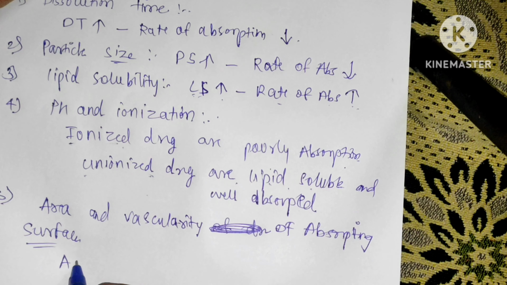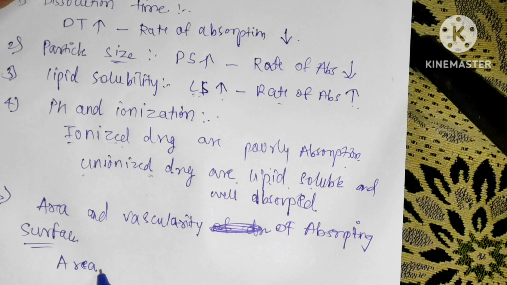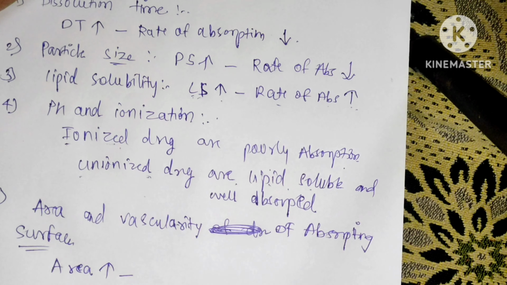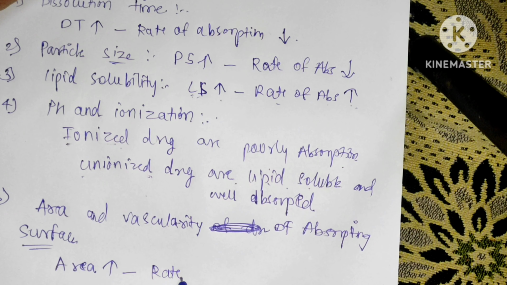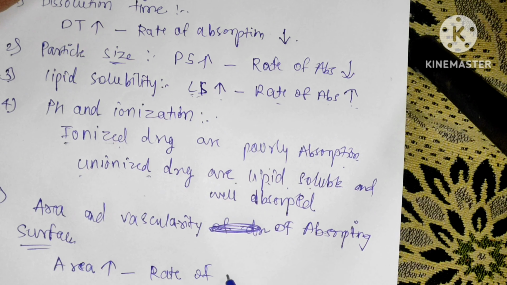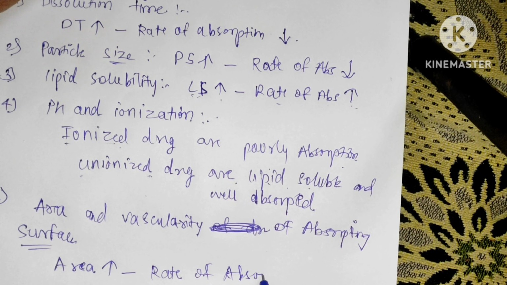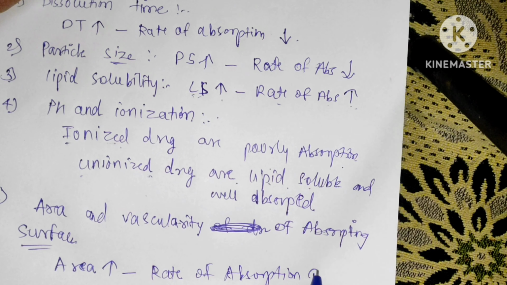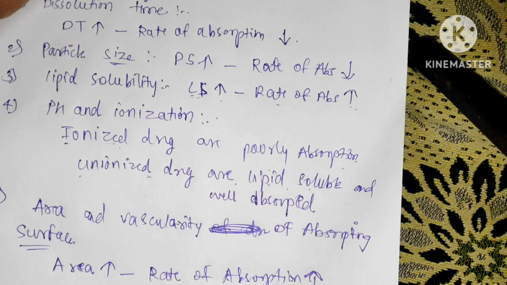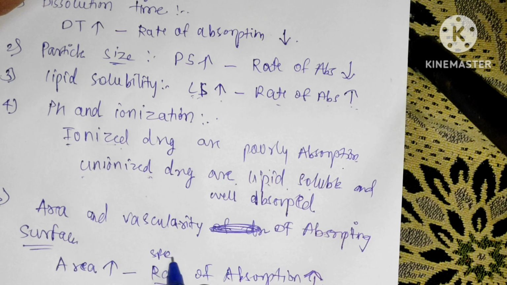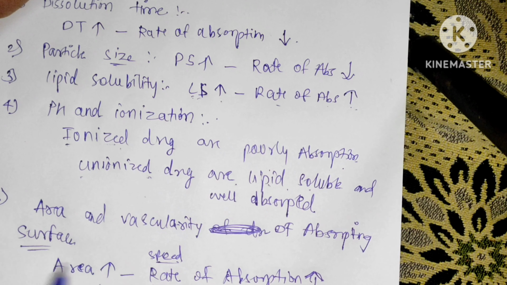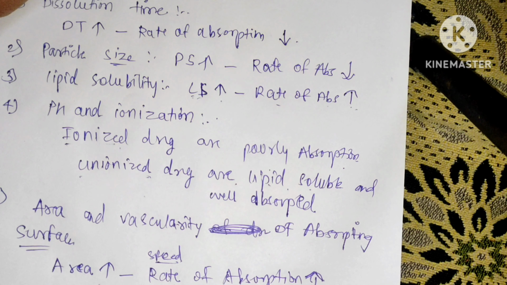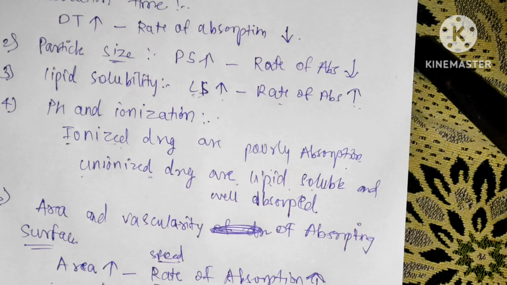As the area increases, the rate of absorption is going to increase, because rate simply means speed. The more the area increases, the more the speed of absorption will be.